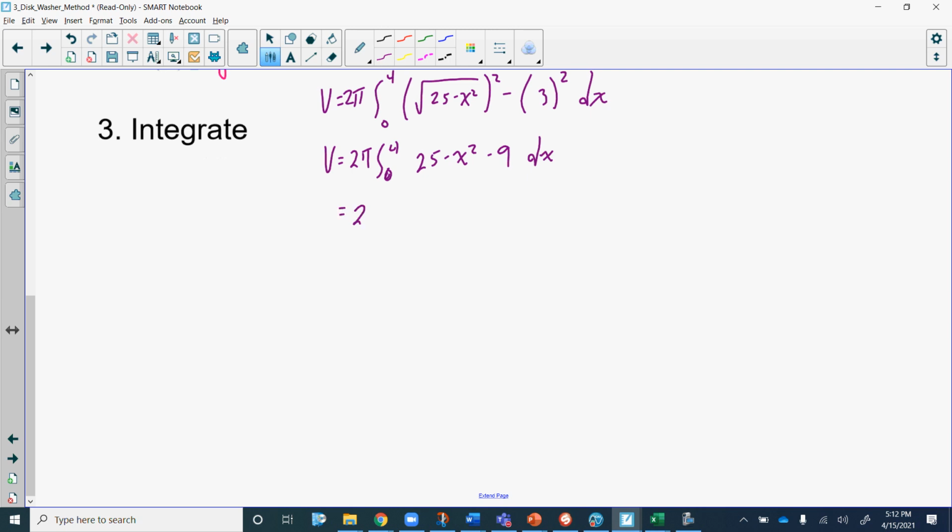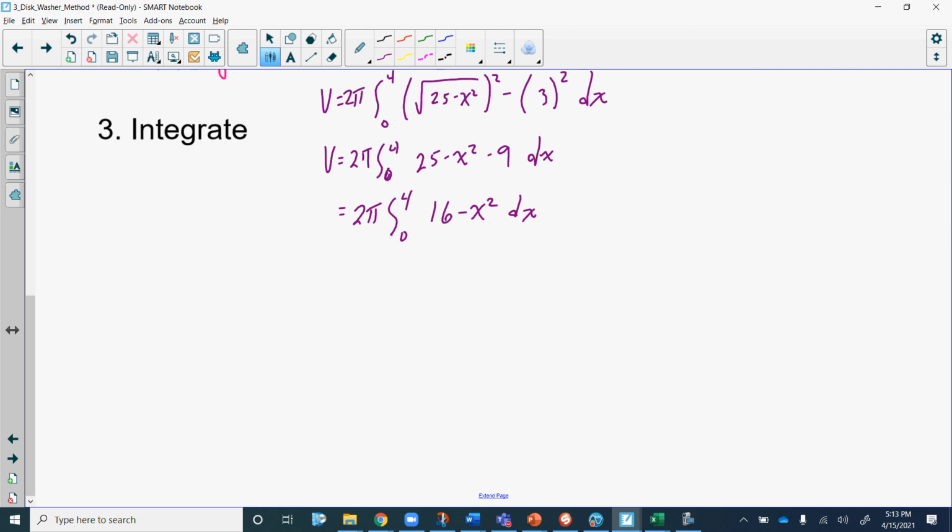So we're going to have 2 pi integral from 0 to 4. And if I combine my like terms, it's going to be 16 minus x squared dx. And that looks like it's the difference of 2 squares, but I don't need to factor that. I need to integrate it now.